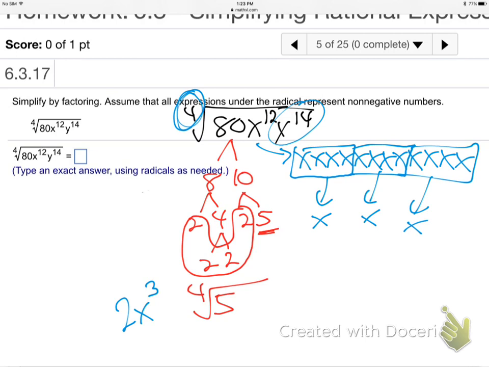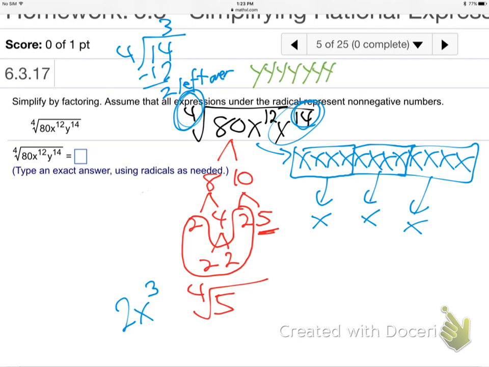So we have to say, how many times does 4 go into 14? How many groups of 4 are there? 3 groups of 4 would be 12 with 2 left over. 3 times 4 is 12, 2 left over, remainder. So in 14 y's, let me just write them out for extra clarity, but you don't need to: 14 was 3, 4, 5, 6, 7, 8, 9, 10, 11, 12, 13, 14.